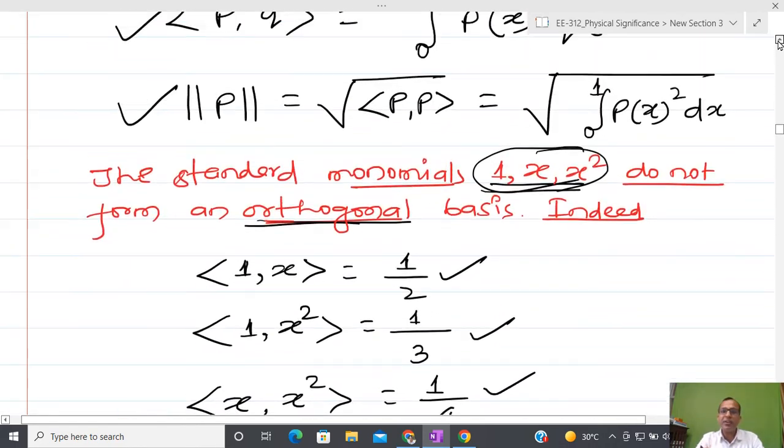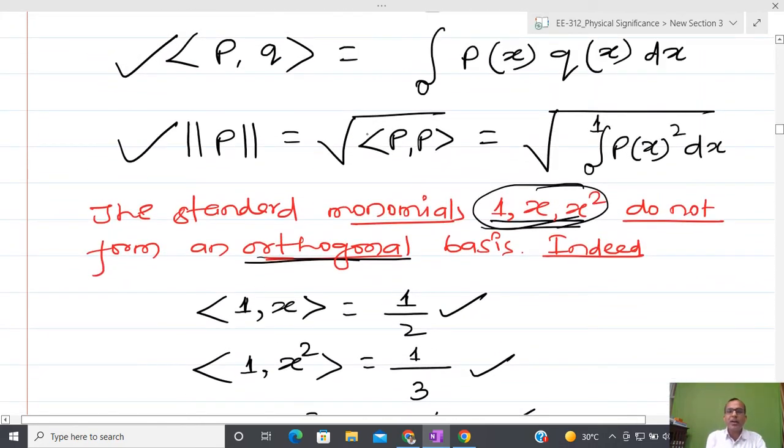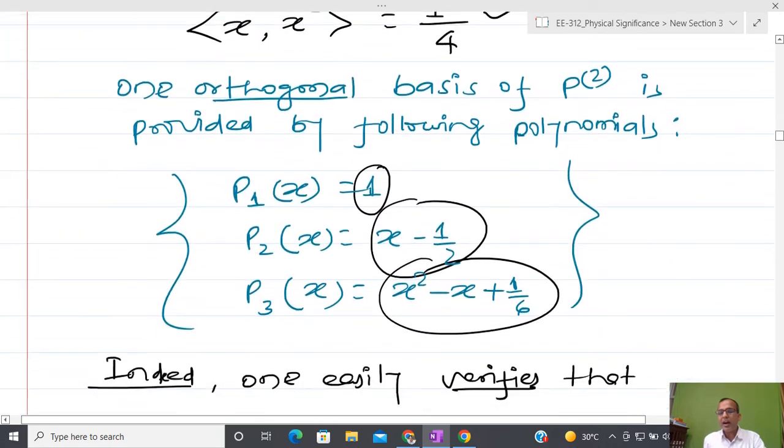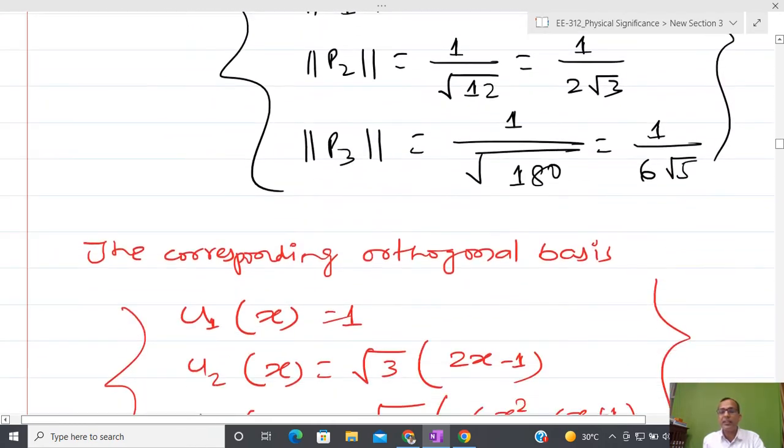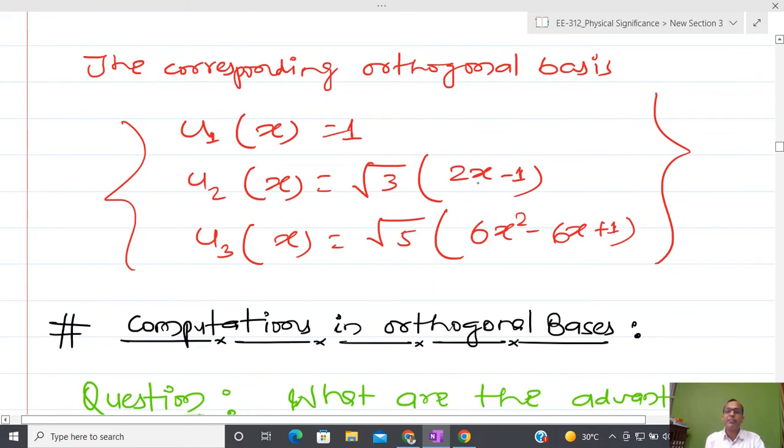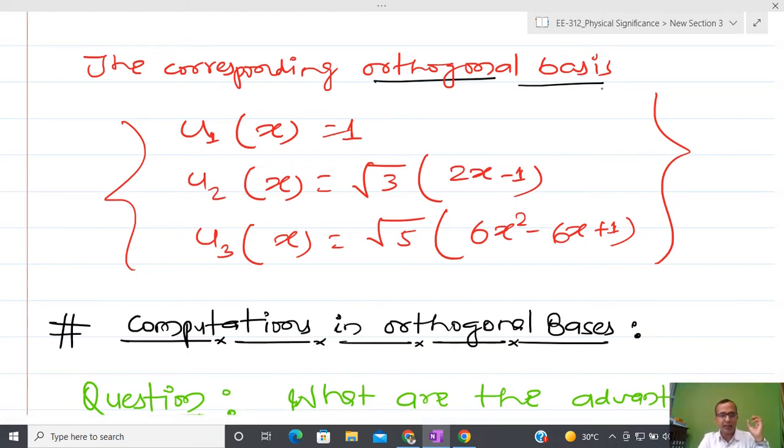Since I have already defined the inner product, corresponding to it I fix the norm, calculate that norm, and then divide the orthogonal basis by it. In this way I can get an orthonormal basis. It means that for a space consisting of polynomial functions, or anything else, I can also form some kind of orthonormal basis. So this is a small exercise.